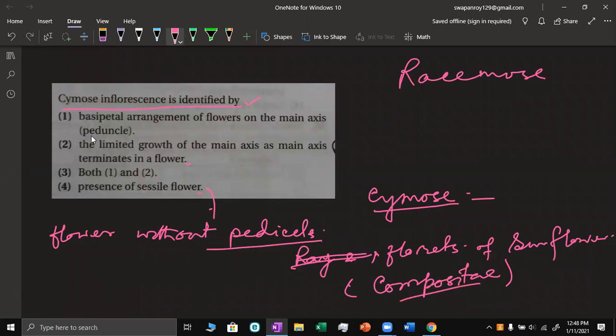Okay, so for the cymose inflorescence, this basipetal arrangement of flowers is correct.